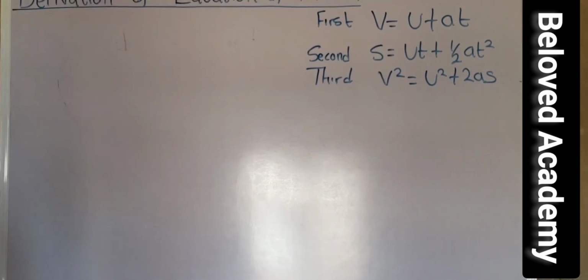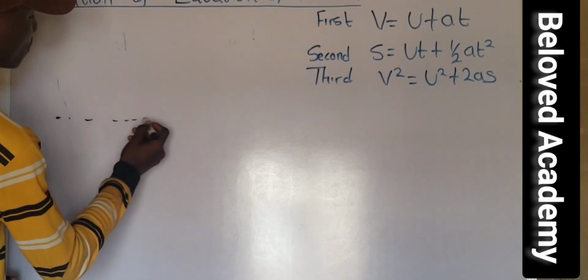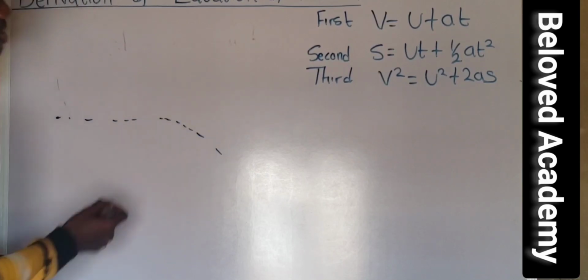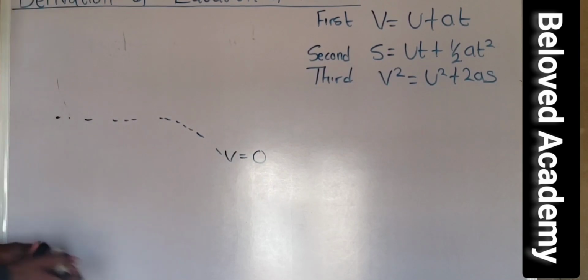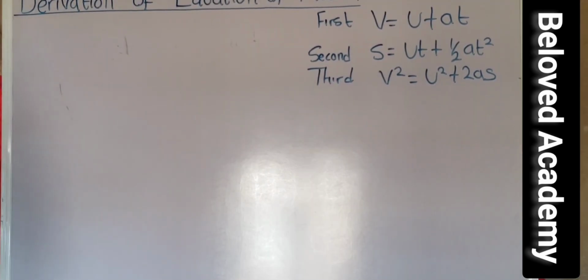Now let's talk about the second point. When a body comes to rest after undergoing motion, its final velocity v is 0. Let's say an object is moving before, then it comes to rest. The final velocity v will be equal to what? 0.